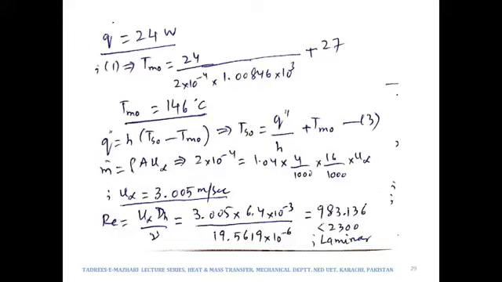We would get the value of Cp as 1.00846 kilojoules per kg per Kelvin, and then using that equation we would be able to calculate the value of Tm naught, and it will come out to be 146 degrees Celsius.